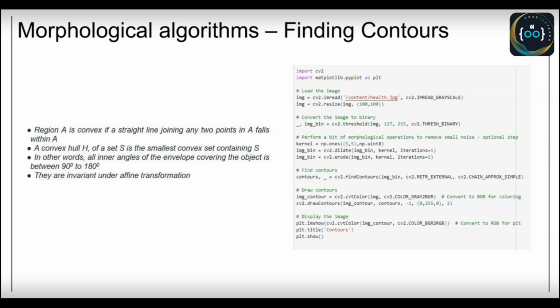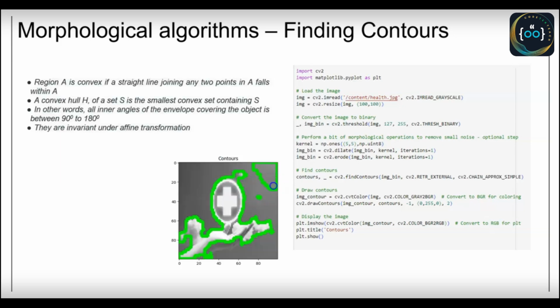Each individual contour is a NumPy array of x, y coordinates of boundary points of the object. The contours are then drawn on the image with the cv2.drawContours function. The -1 argument tells the function to draw all contours. The areas marked in green in the output image represent the detected contours in the image.